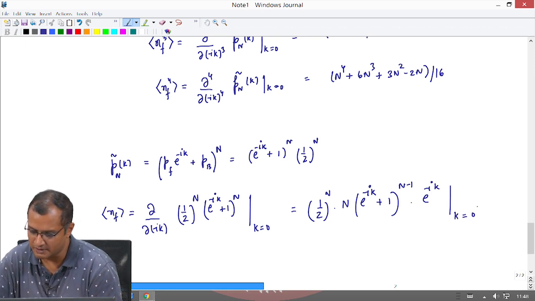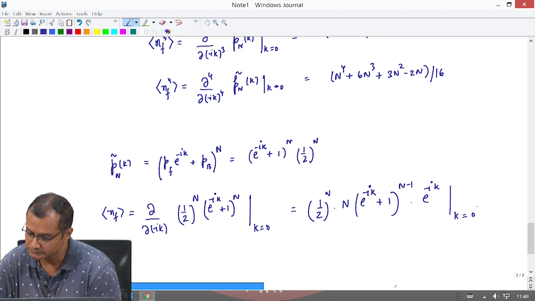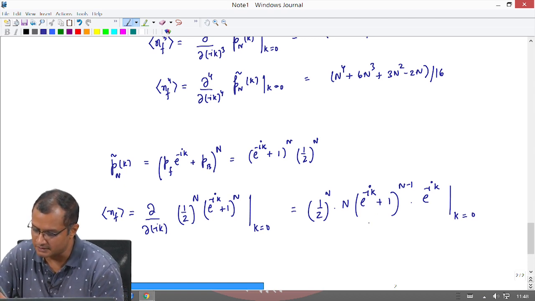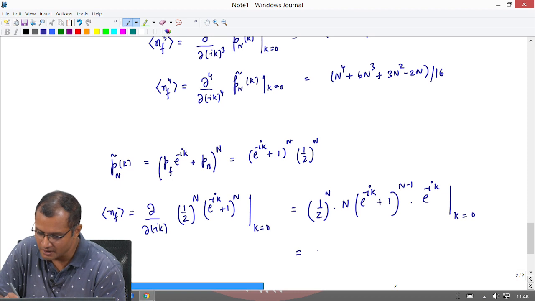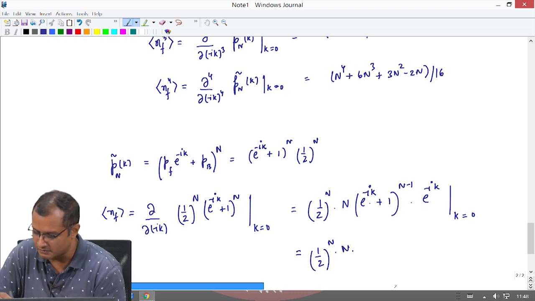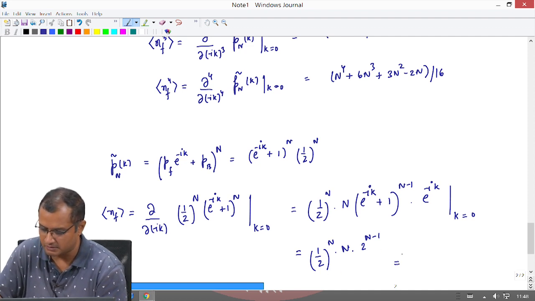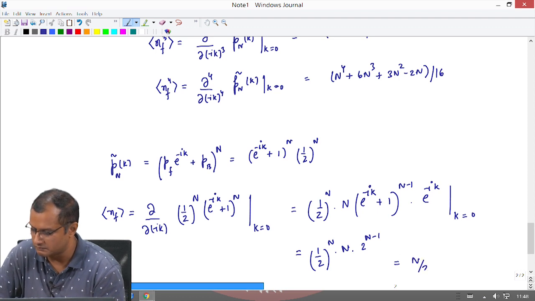So at k equal to 0, this simply becomes 1 by 2 to the power n into 2 raised to n minus 1, because this is 1, this is 1, this is 2, and that is nothing but n by 2. Fine.